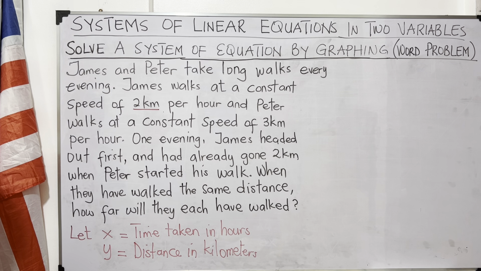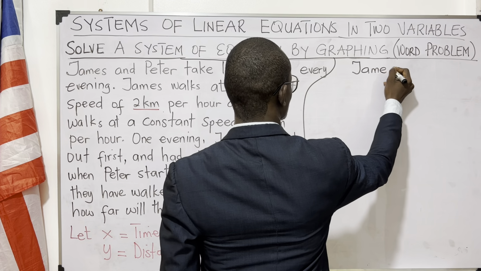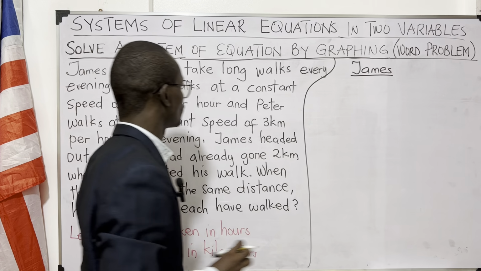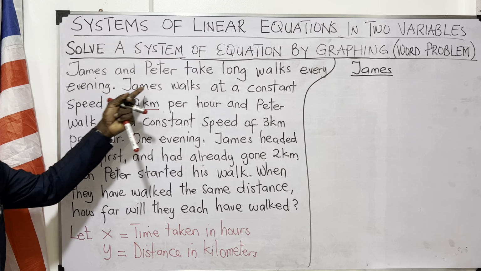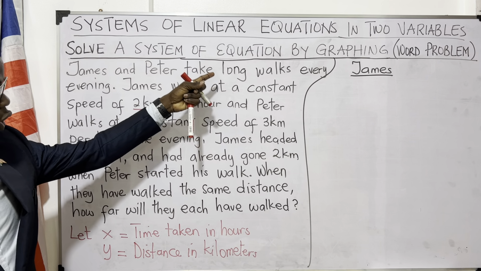So let's go back to the problem and try to identify some of the things that were given. James and Peter. So we are discussing two persons right here, James and Peter. So let's start with James. James and Peter take long walks every evening. James walks at a constant speed of 2 kilometers per hour.